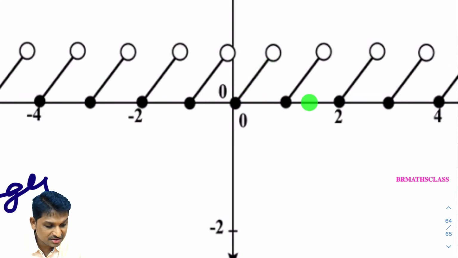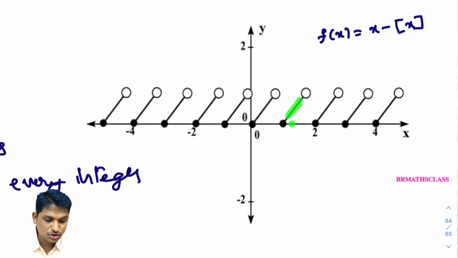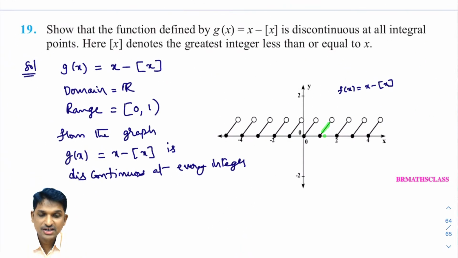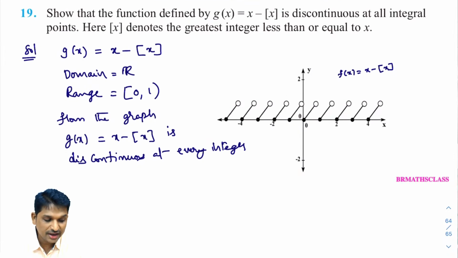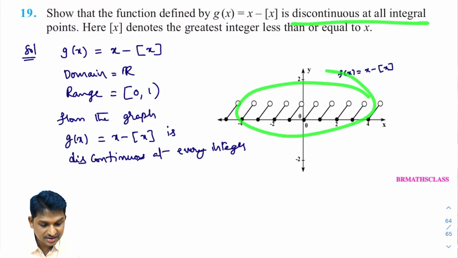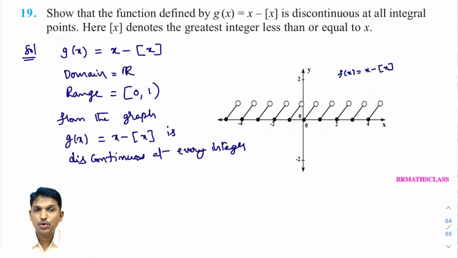What is this? 1.1 or 1.2, something you like. You take 1.2. At this point, it is continuous. This function is discontinuous at every integer. So from the graph we showed that this is discontinuous at every integer point.